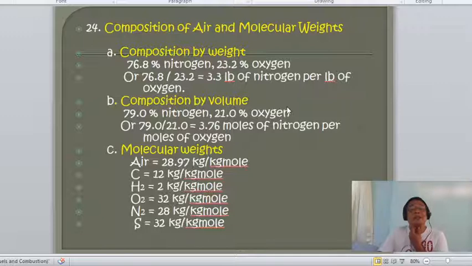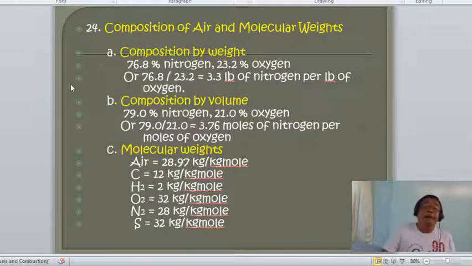Another we have here by volume: 79% nitrogen and 21% oxygen, or the ratio is equivalent to 3.76 moles of nitrogen per mole of oxygen. Take note, class, this is very important in balancing of equations and combustion of fuels.